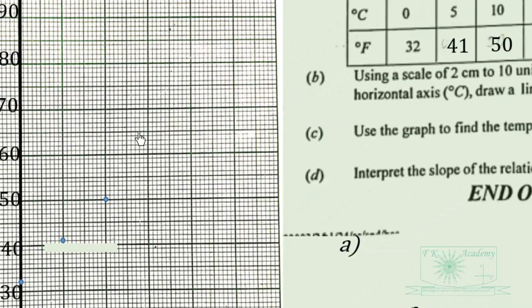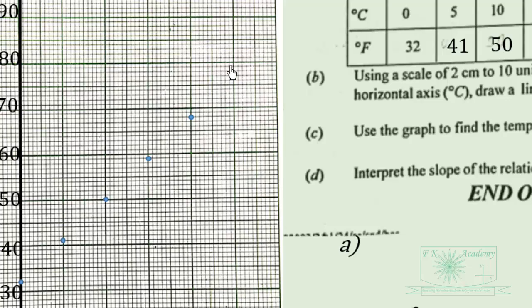Then we have 50. So 50 is just right here for you. Then we have 59. So 59, you count 1 box below 60. Then we have 68. So this is 68, 2 boxes below 70. Then we have 77.